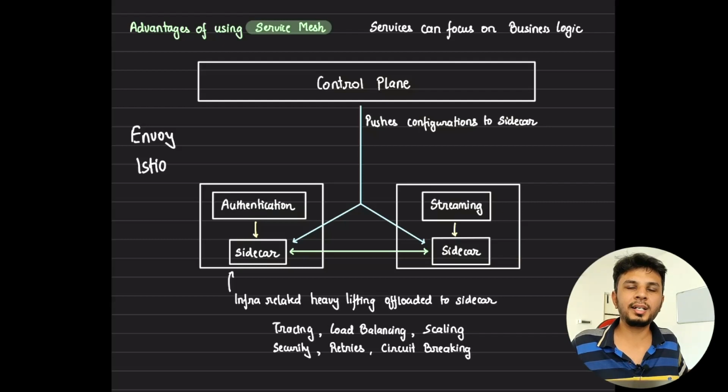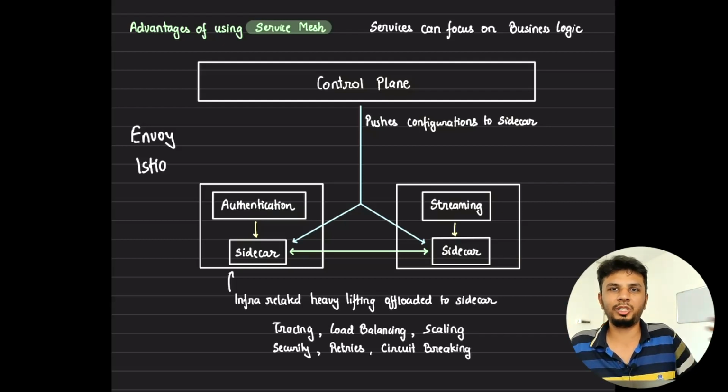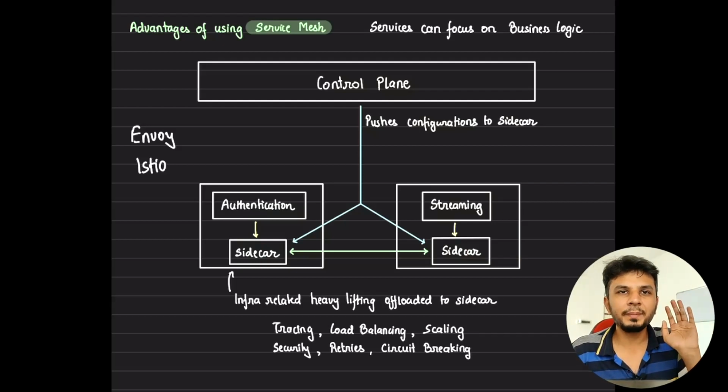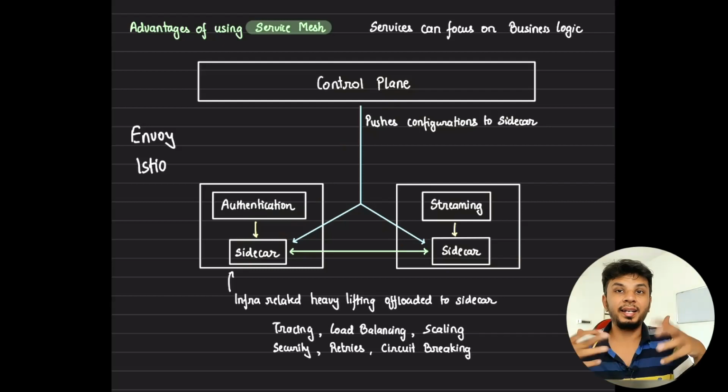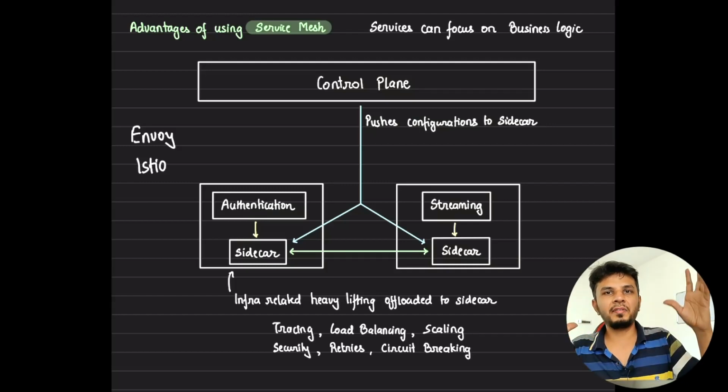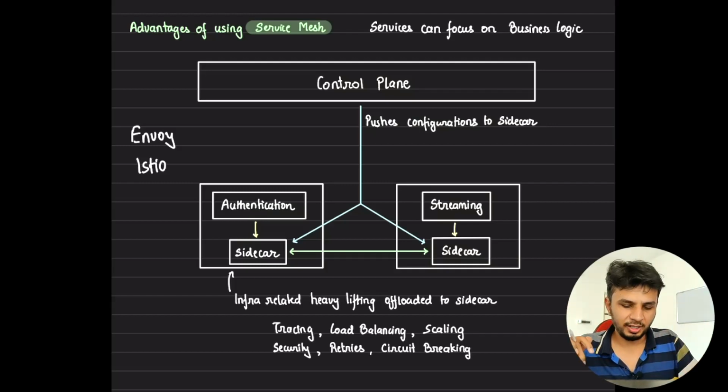This way all sidecars are always in sync, and they know whom to reach out to. They have a local copy of that configuration. So this is how all sidecars get that information, and that's where the control plane is a very critical component whenever we talk about a service mesh architecture.